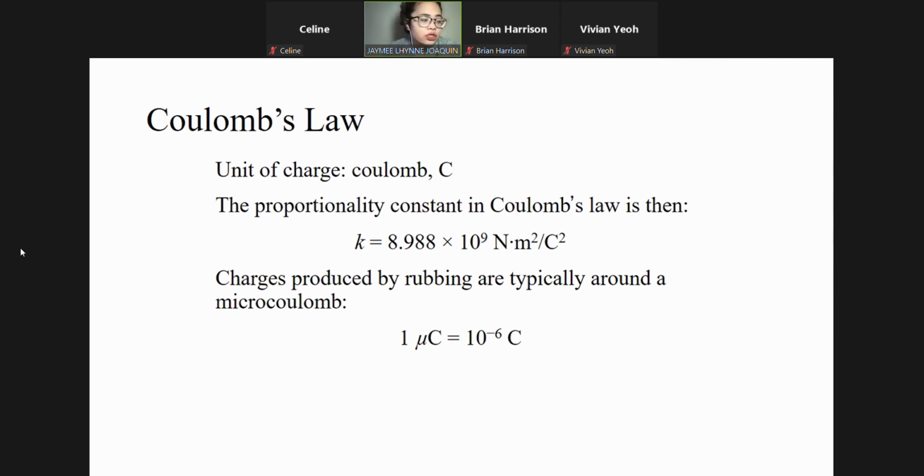However, there are certain cases, such as in rubbing, or when the charges, or the movement of the object or the charge, slide past each other, the unit used usually is microcoulomb, a smaller unit, which is equivalent to 10 raised to negative 6 coulombs.